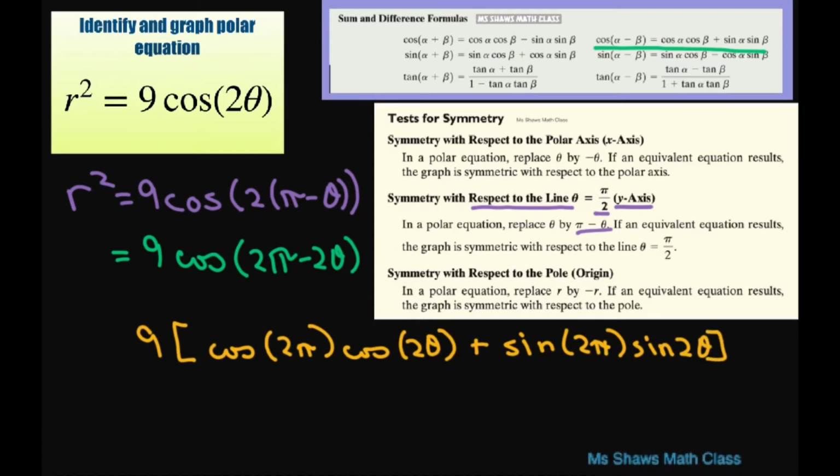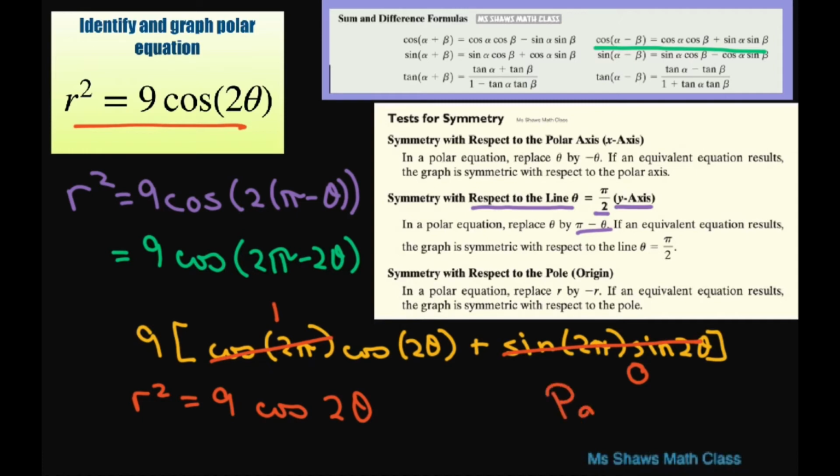All right, sine of 2 pi is 0, so this is just going to be 0. Cosine of 2 pi is 1. So we're going to get this equals 9 cosine of 2 theta. It is an equivalent equation, so our test passes. So our graph is going to be symmetric both to the x-axis and to the y-axis.